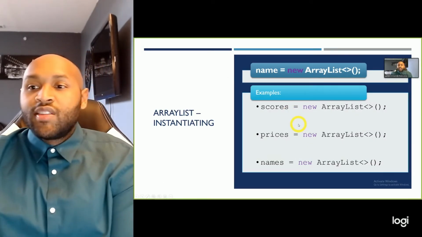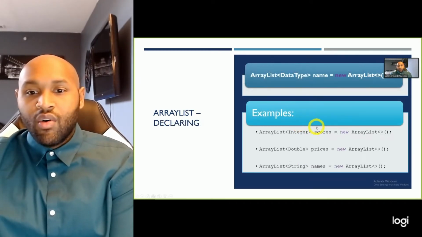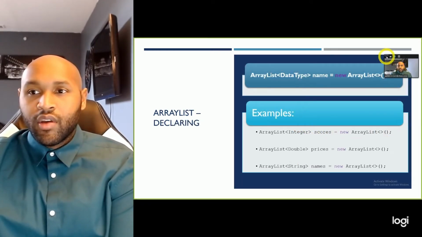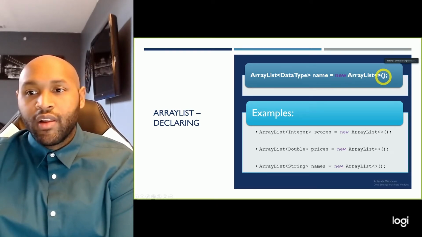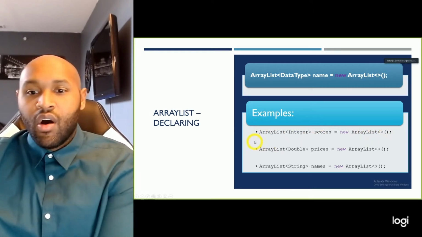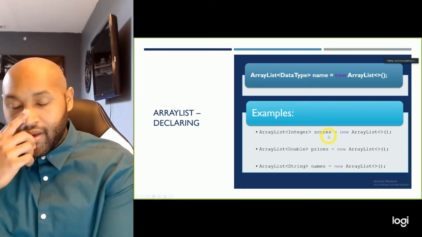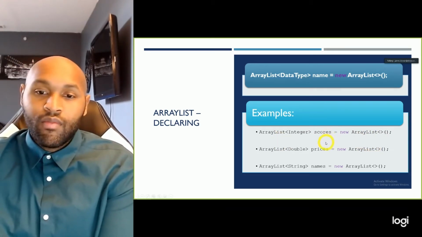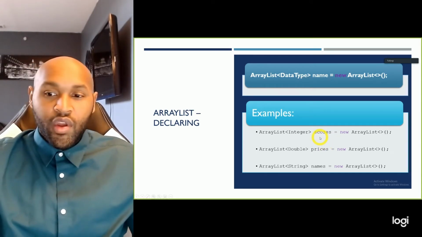Just like with arrays, we can actually do all of this on one line, okay? So ArrayList data type name equals new ArrayList, less than, greater than, open close parentheses. And that's what I have down here, all on one line. We don't have to separate it into two lines if we don't want to. So we go to the code for that.